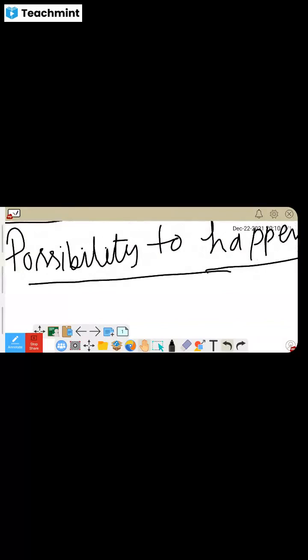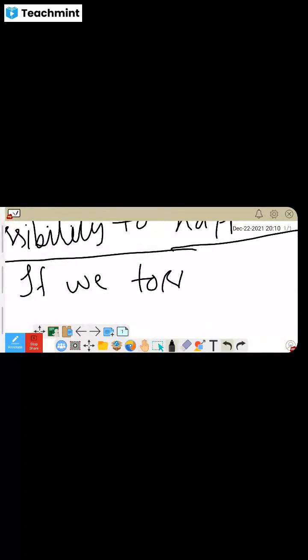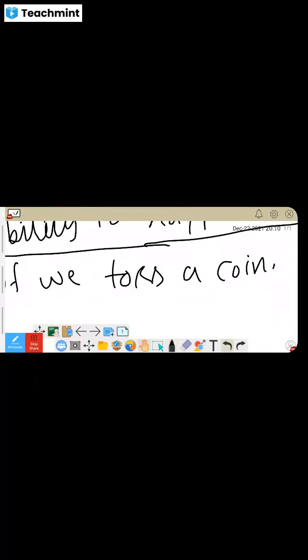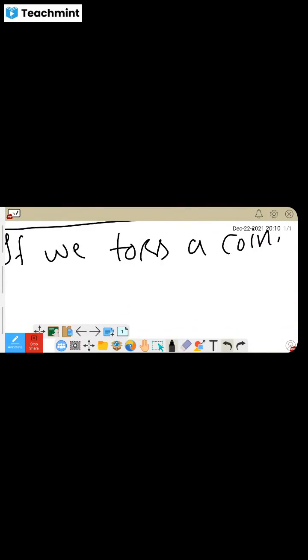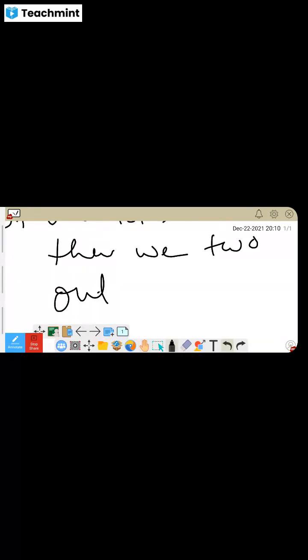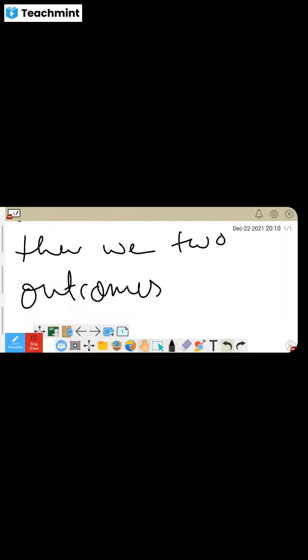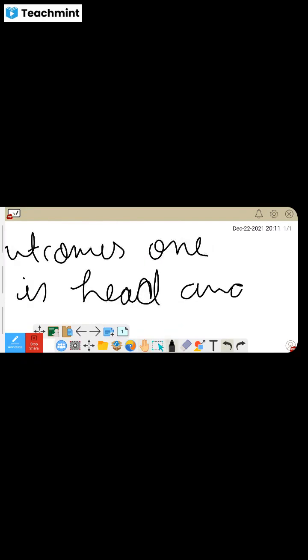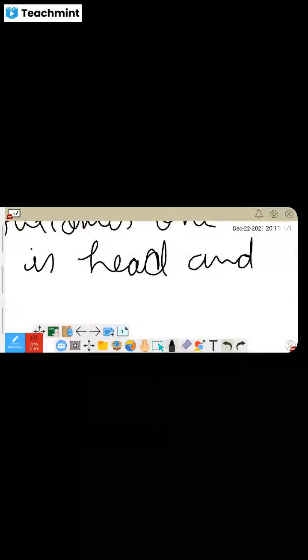When we toss a coin, we have two outcomes: one is head, and another is tail. मीन कि अगर हम कॉइन को टॉस करते हैं तो या तो हमारा हेड आएगा या फिर टेल आएगा. Got it? Yes, ma'am.